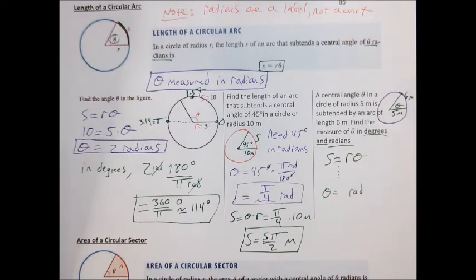Yes, but that's a radian value, so it's 6/5 radians. So that's half the answer. With degrees, we multiply that by 180 over pi to go from radians to degrees. Notice how this one was radians to degrees, and this was degrees to radians.